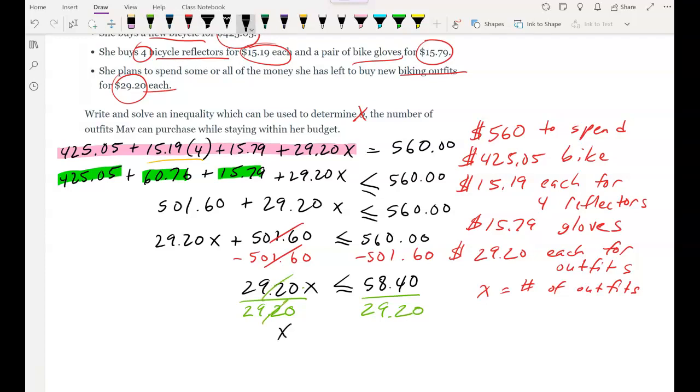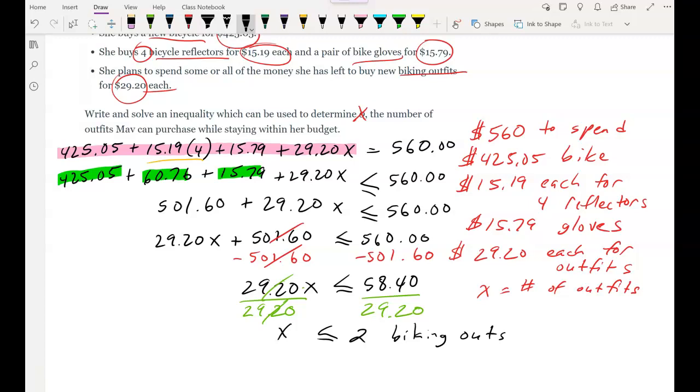And x is going to be less than or equal to 58.40 divided by 29.20, that's exactly 2. So when she is all done, she can buy less than or equal to 2 biking outfits. So she can buy 1 or she can buy 2 biking outfits.